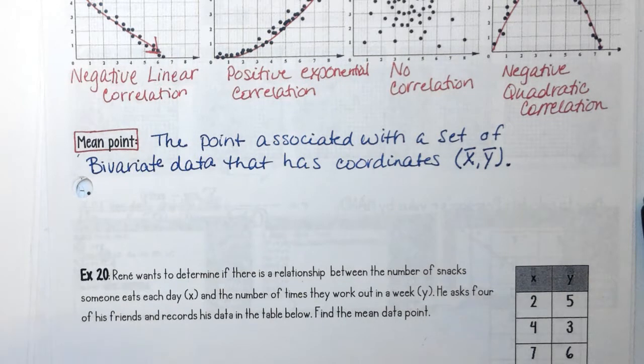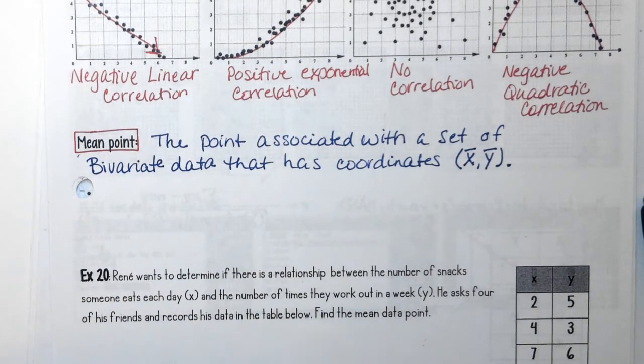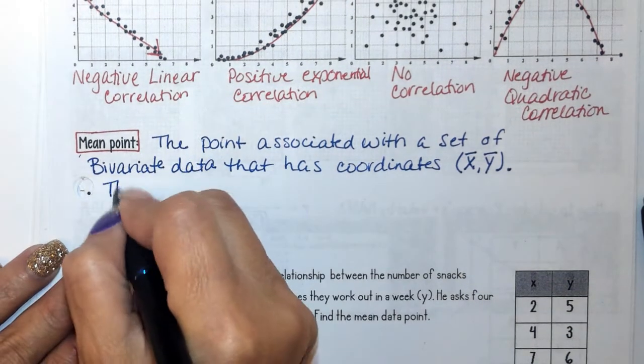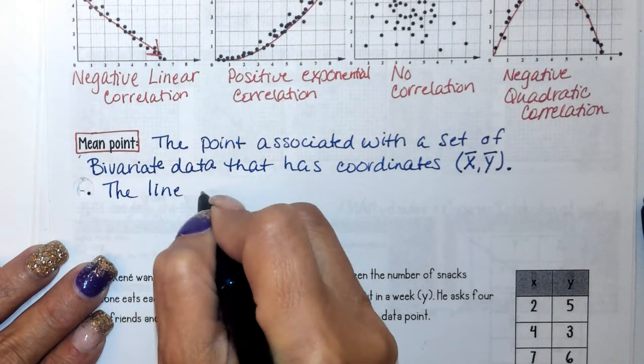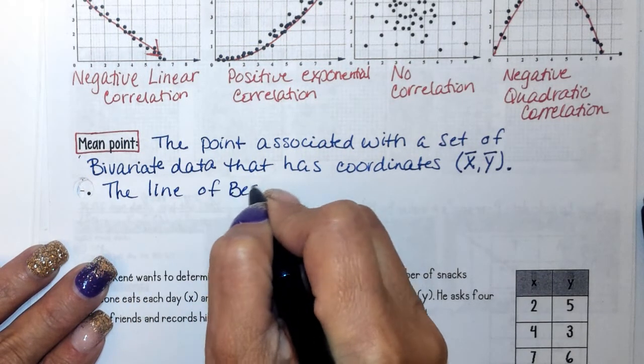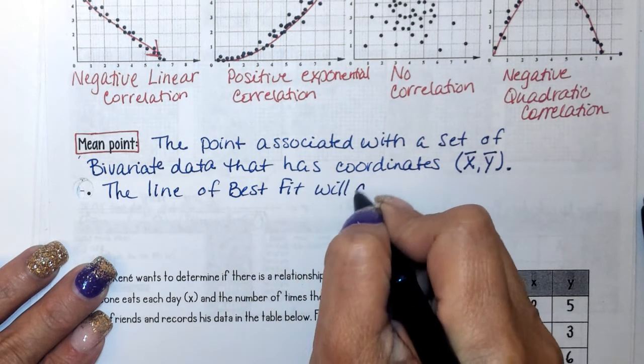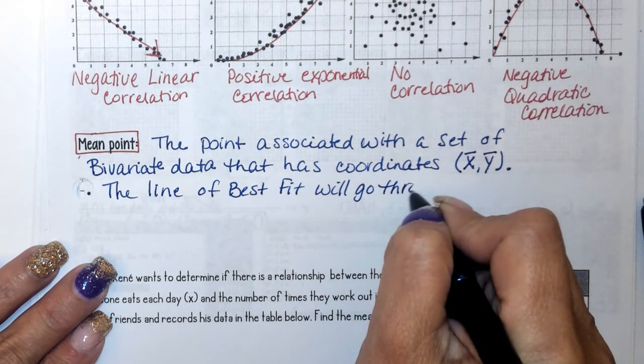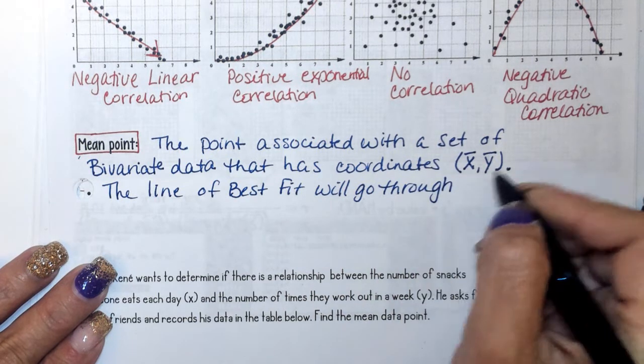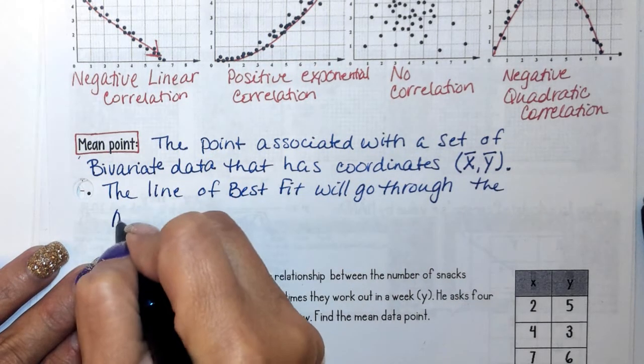The line of best fit, when we're doing linear, will go through the mean point. So let's actually put that. The line of best fit will go through the mean point.